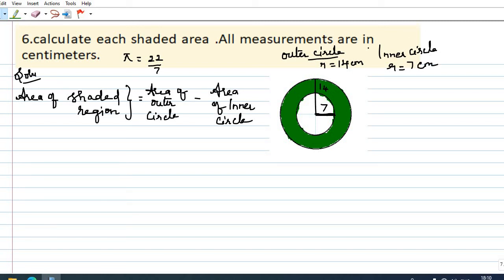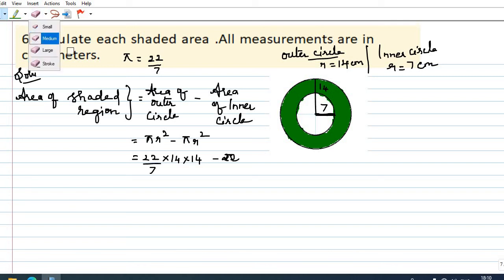So from the figure I can write this. Okay. Now listen, pi r square minus pi r square. Substitute the radius here. 22 by 7 into 14 into 14 minus pi, 22 by 7.